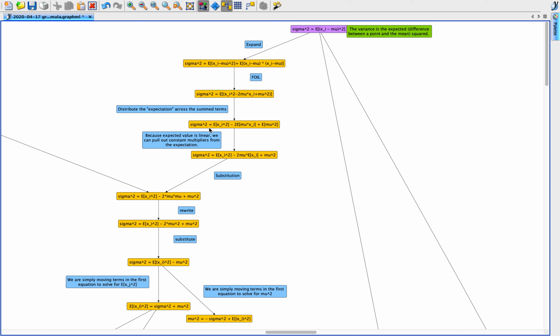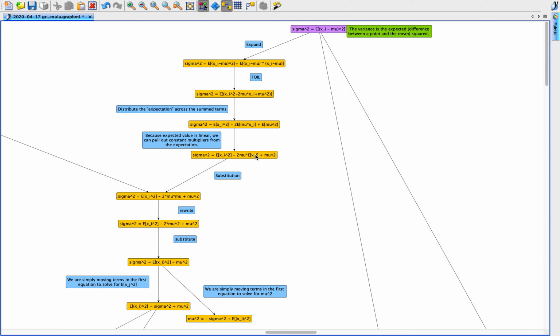So we have sigma squared is equal to the expected value of xi squared minus 2 times the expected value of mu xi. Remember that 2 is a constant, so we can pull it out of the expectation, plus the expected value of mu squared. Because expected value is linear, we can pull out the constant multipliers from the expression.